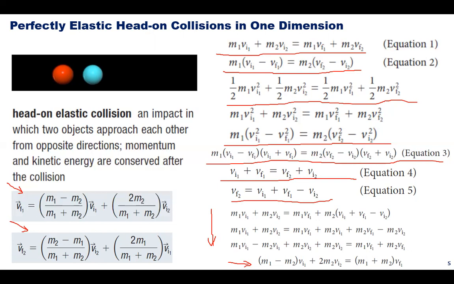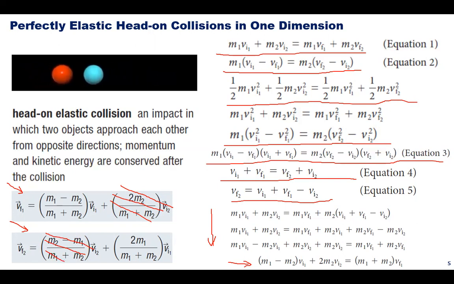Okay, in some cases, one of the objects is initially at rest. For instance, if V2 is initially 0, then you can cancel this term, right? Because Vi2 is 0. And also for VF2, you can cancel this term.